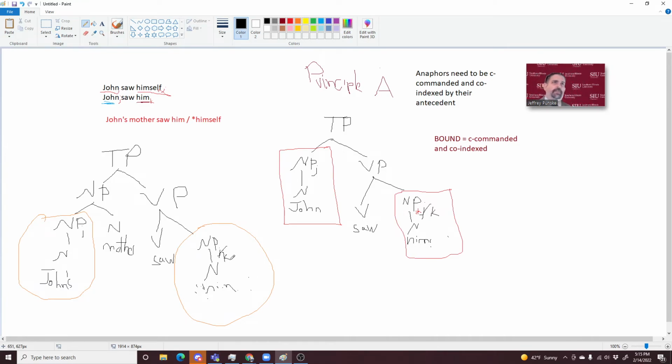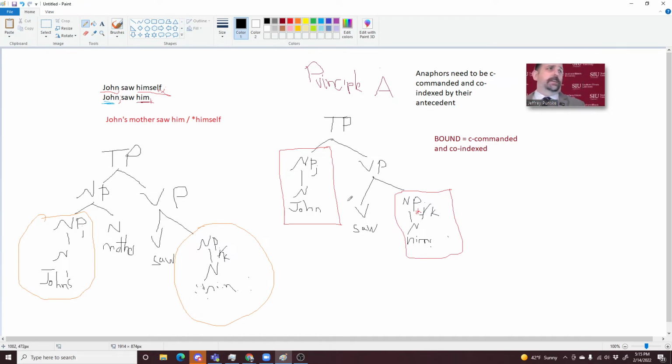So what can we say about this? Well, C-command still seems to be playing a role, but co-indexation is still playing a role. What is the role, though? It seems to be the inverse. And more or less, that's what we're going to say.